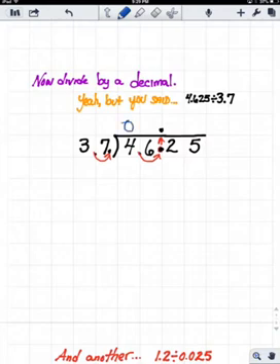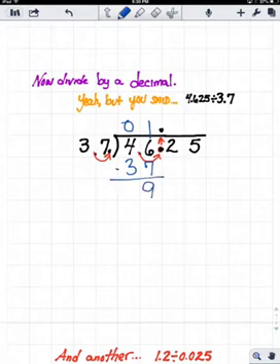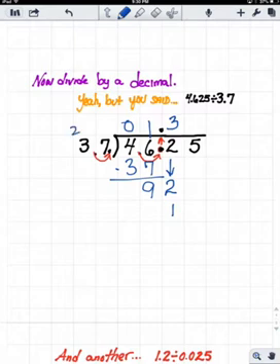So 37 goes into 4? No. 37 goes into 46? Yes. 1 times 37 is 37. I subtract, I get a 9. I bring down the 2. 37 going into 92. Let's try 3, because I know 3 times 30 is 90. 3 times 7 is 21, carry the 2. 3 times 3 is 9, plus 2 is 11.